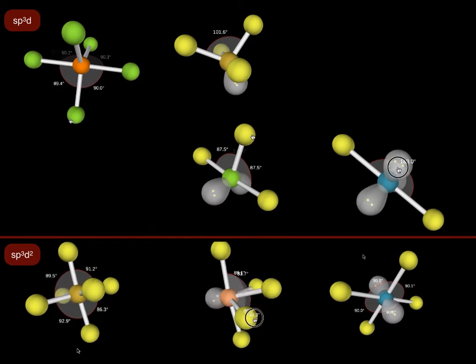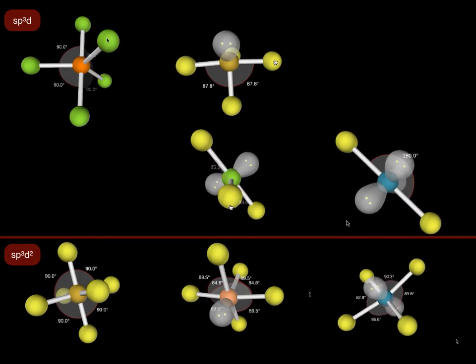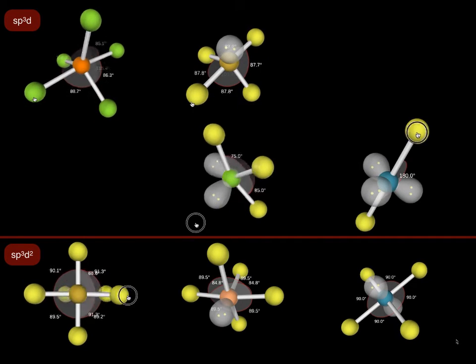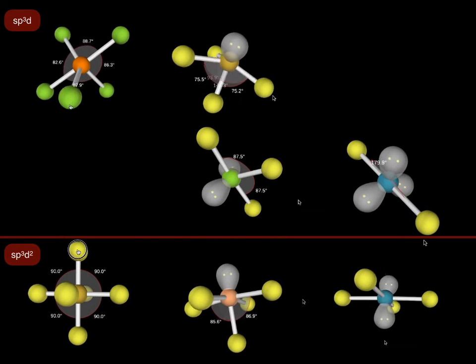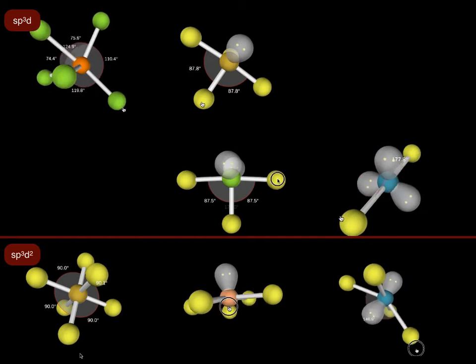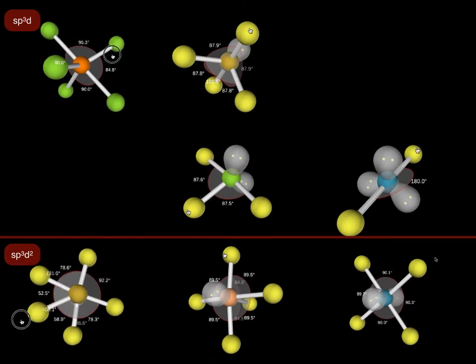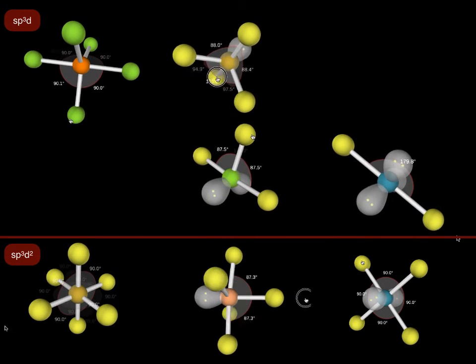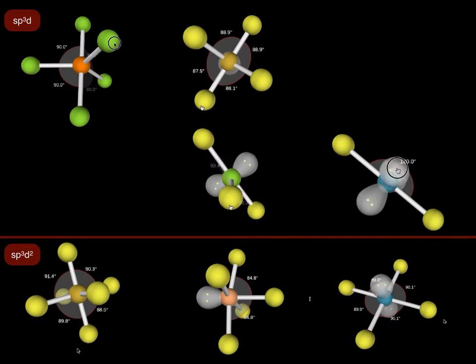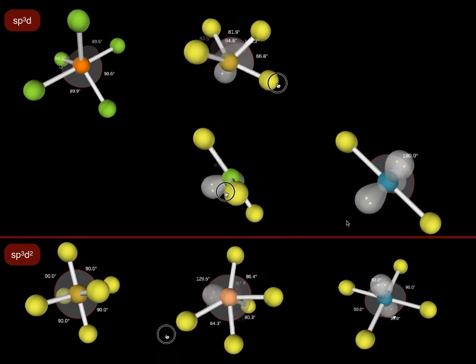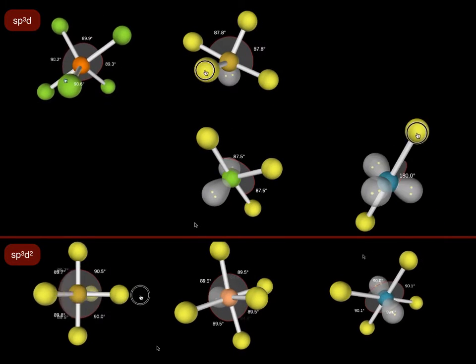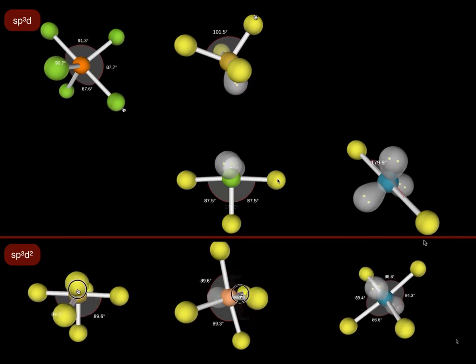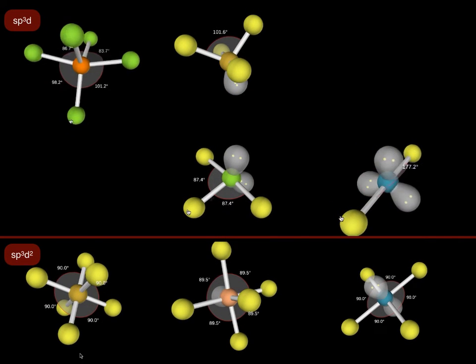Square pyramidal is literally a square pyramid, and square planar, a square in the same plane. Again, square planar is the only other molecular geometry, along with the sp3d linear shape, in which the angles are exact due to their equidistant repulsions.